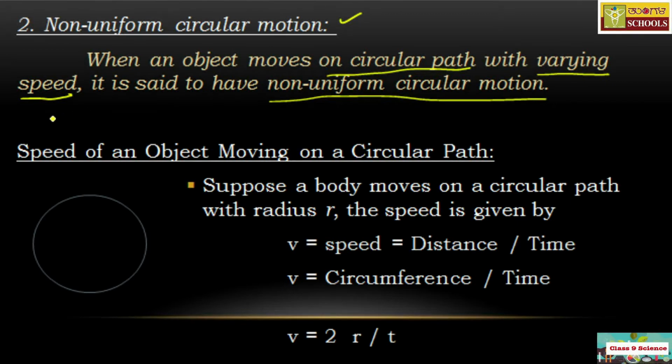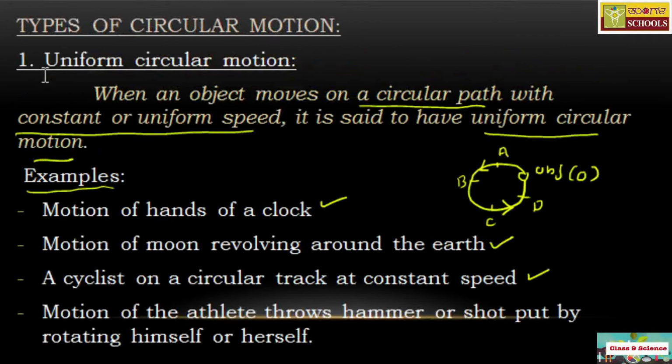For examples, you can go to the previous ones. Assume a cyclist on a circular track with varying speed. If a cyclist is not maintaining his speed on the circular track, then the motion of the cyclist is an example of non-uniform circular motion.